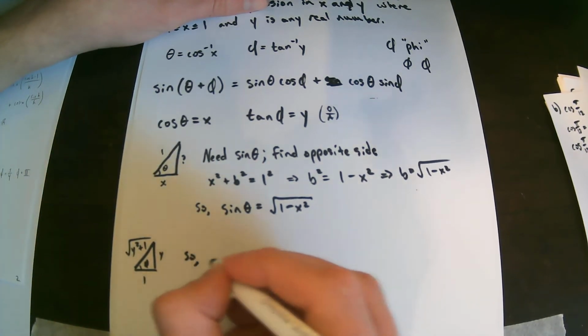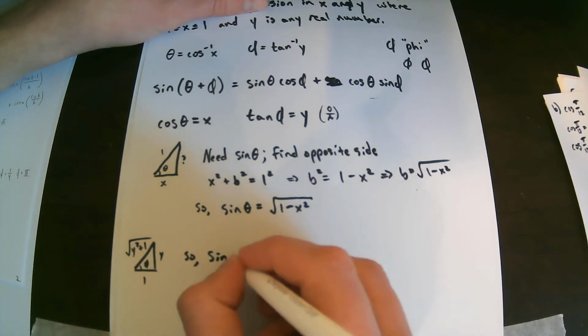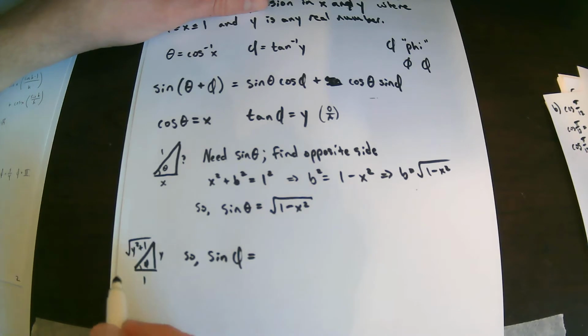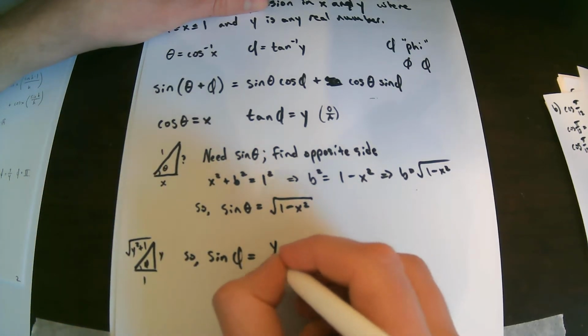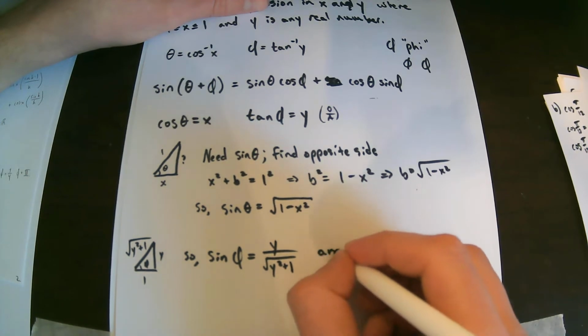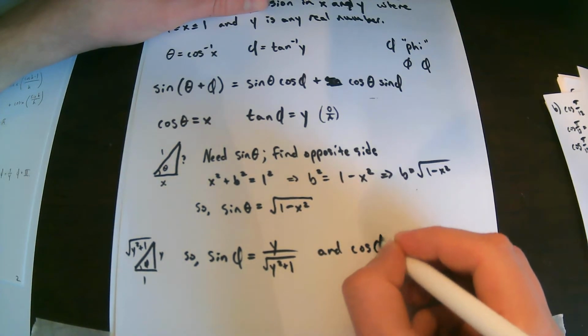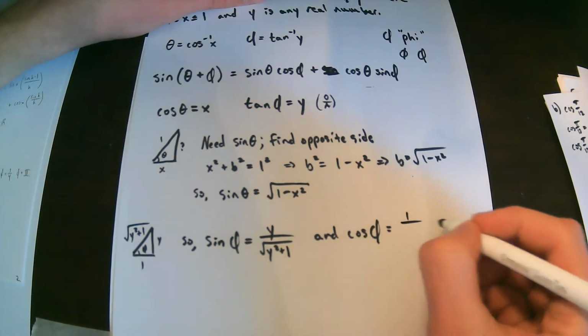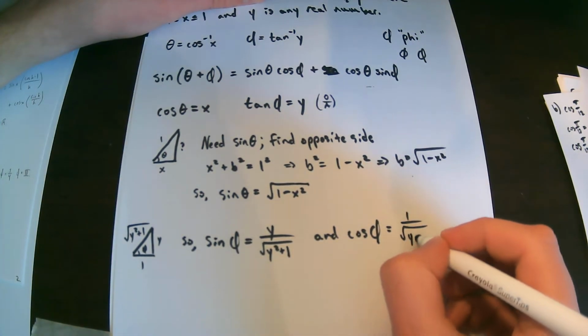So I need sine and cosine of phi. Sine of phi is opposite over hypotenuse, so y over the square root of y squared plus 1. And cosine of phi is adjacent over hypotenuse, so 1 over the square root of y squared plus 1.